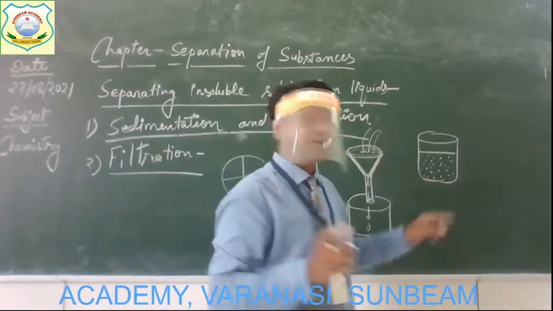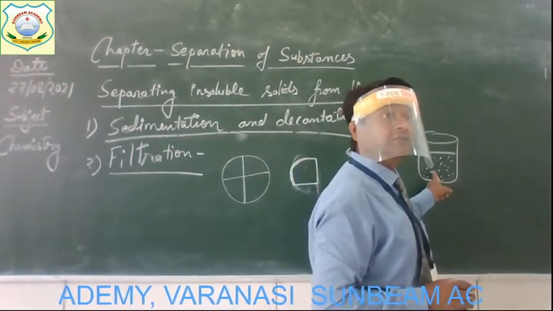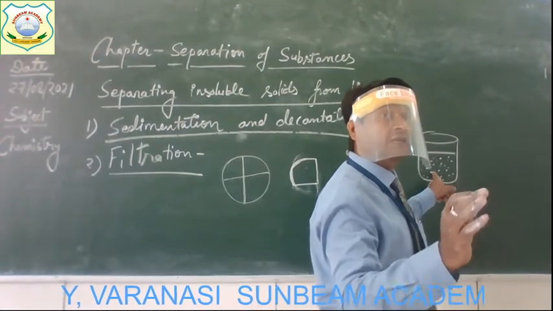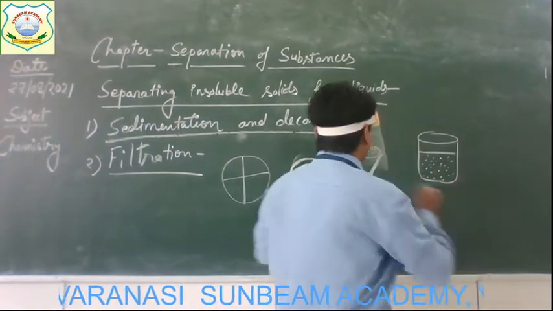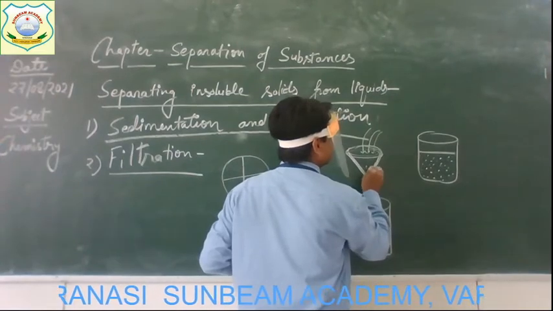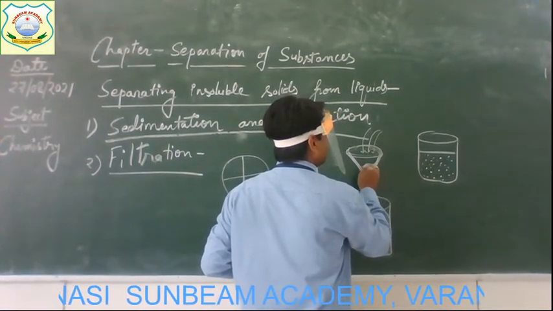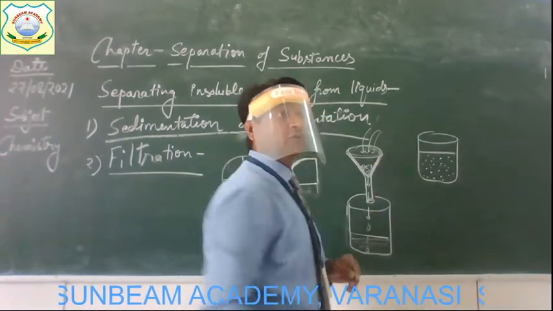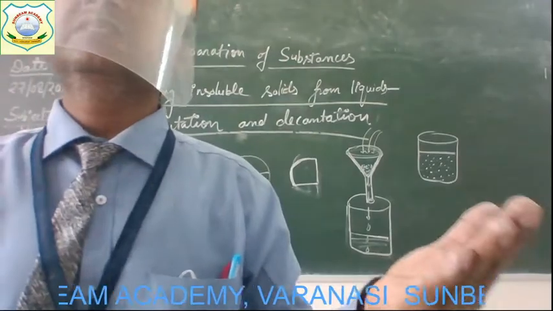And all the solid which is not soluble, that is insoluble solid, the sand, gets collected on the filter paper, because this filter paper does not allow the sand particles to move.